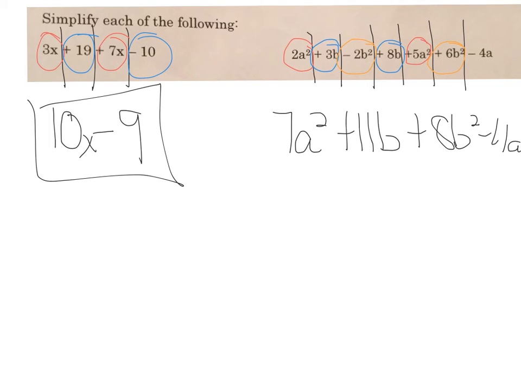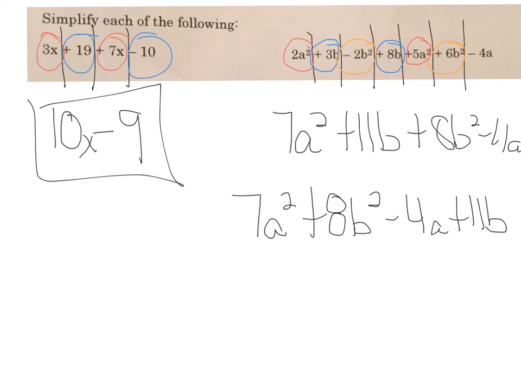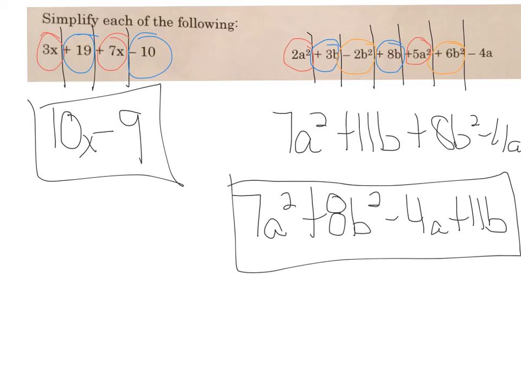So most teachers in high school, college would want this written in alphabetical order and in order of the highest exponents. So this would be 7a squared plus 8b squared minus 4a plus 11b. If you didn't write it in this order, you're not wrong. I'm just showing you what your future math teachers are probably going to be looking for.